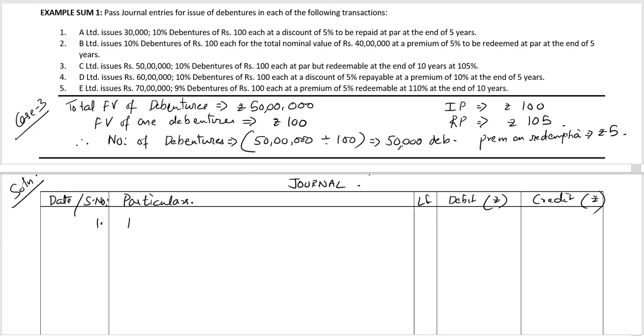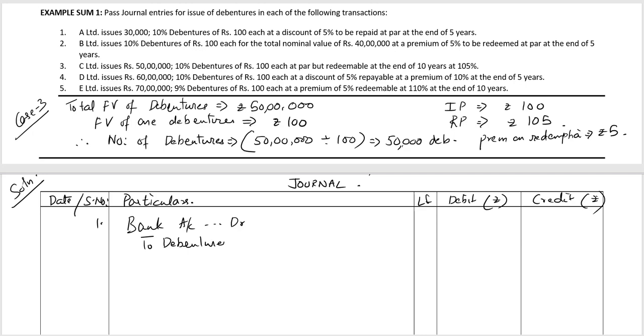The first entry is for the debenture application and allotment money received. Bank account debit to debenture application and allotment account.